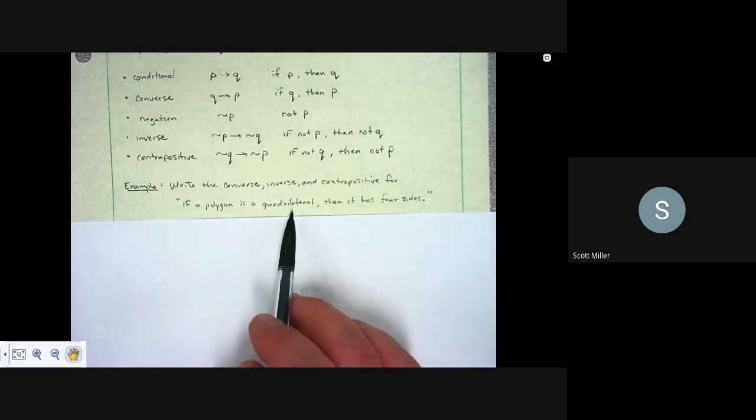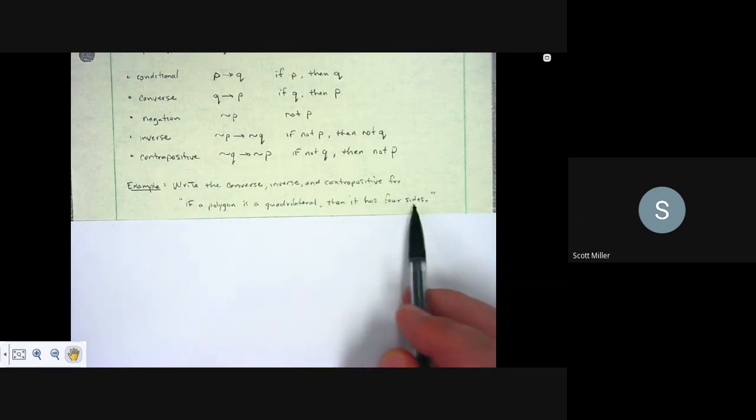If not Q, then not P. So those are the different ones that they're going to talk about. And you're going to be asked to write these different statements when you're given a statement. So here it is, and I'll show you this one. Write the converse, the inverse, and contrapositive for this statement. If a polygon is a quadrilateral, then it has 4 sides.